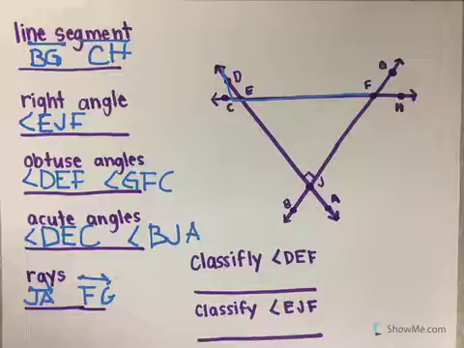Straight angle, yes, absolutely. So angle DEF, what type of angle is that? Right angle? Well, if it was a right angle, it would have a little square in the angle, does it? If we put our paper, if we line it up, is it greater than 90 degrees or less than 90 degrees? Greater than. So angle DEF is an obtuse angle.